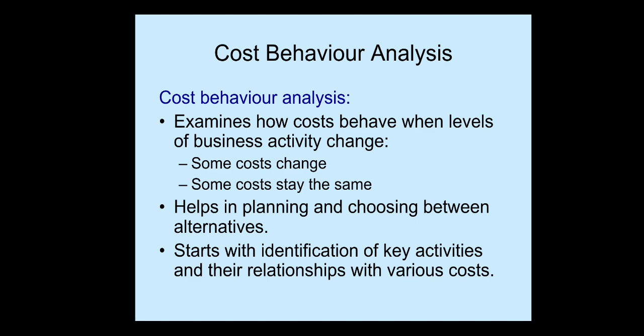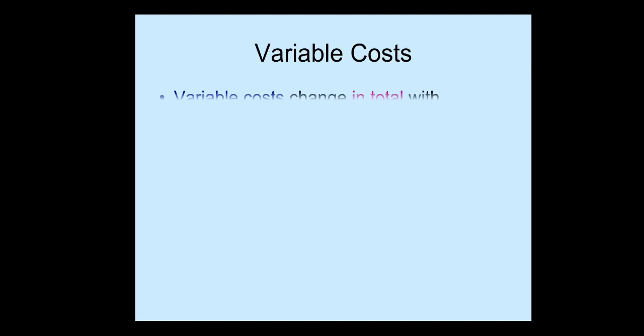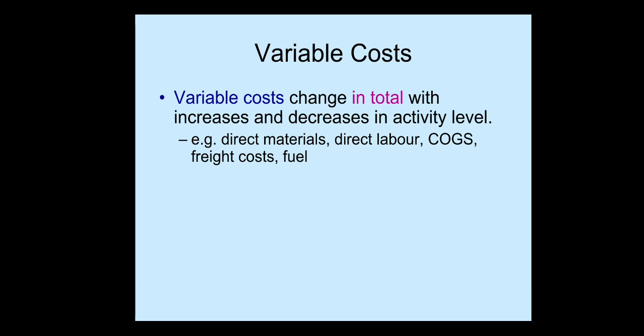So you will see that in the later slide. If you want to categorize cost according to its behavior, you have to start with identifying the key activities and their relationship with the cost, the key production activities. This is not difficult. This is actually very easy.